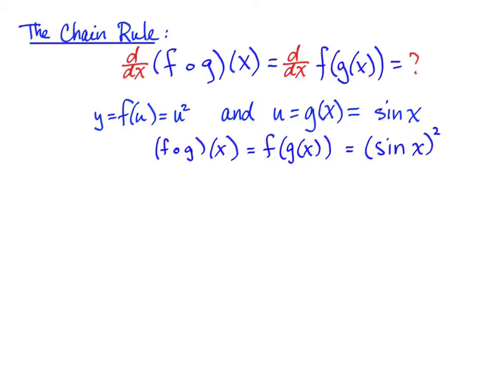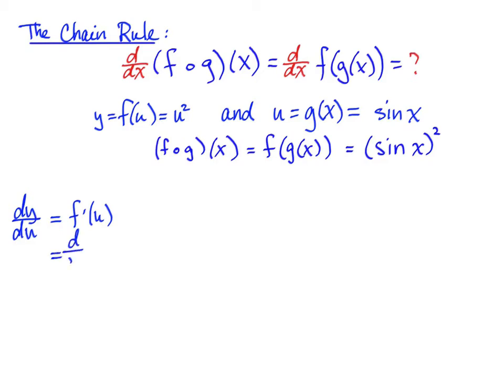All right, so let's illustrate the chain rule with this example. So if we were to differentiate just the outside function with respect to the inside function, so that would be the derivative of y with respect to u, what we're doing is we're finding f prime of u.